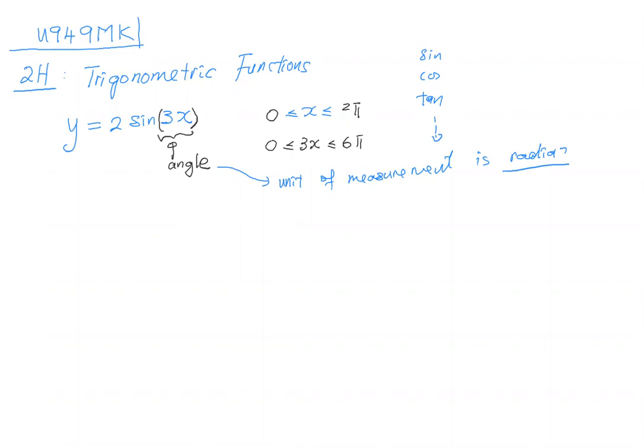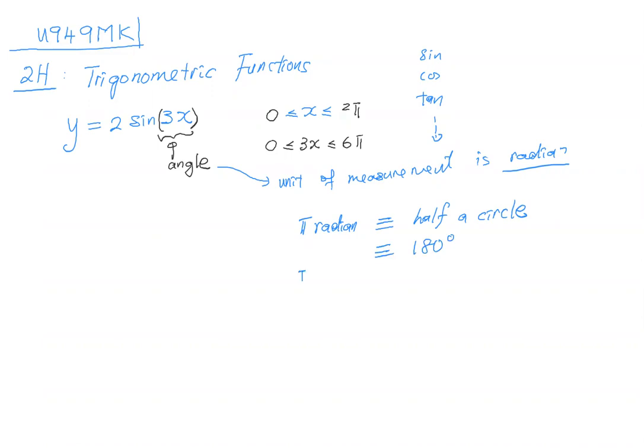Okay, pi radian is equivalent to how many degrees? It's a semicircle, half a circle. So it is 180 degrees.